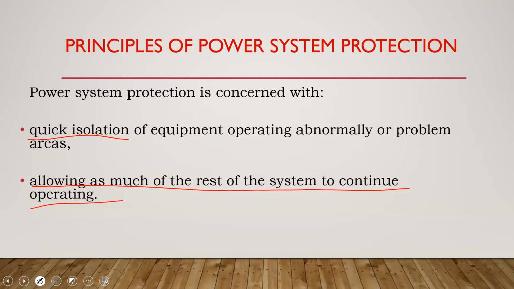we come to talking about the problem areas, yes? So we either isolate the equipment that is under fault, or we isolate the area that is under fault. So we are either going to isolate the kitchen, or we are going to isolate the kitchen circuits, yes?